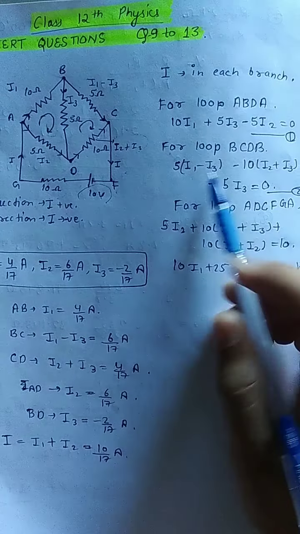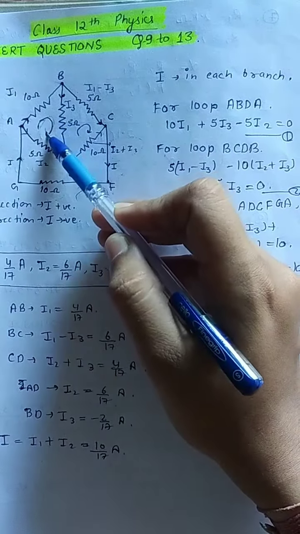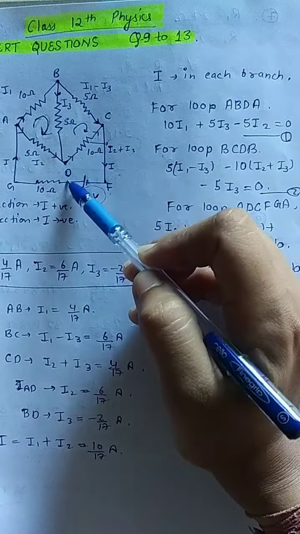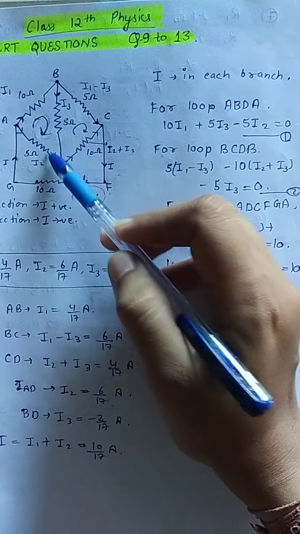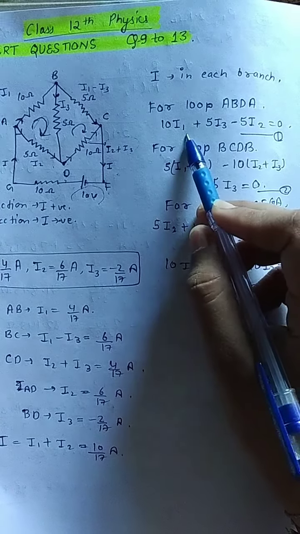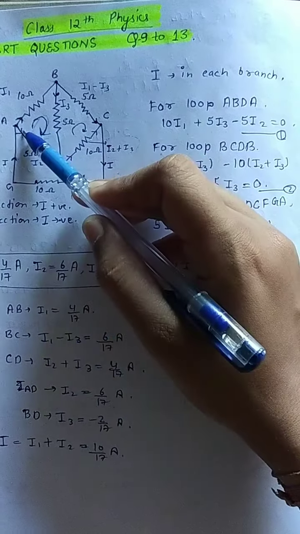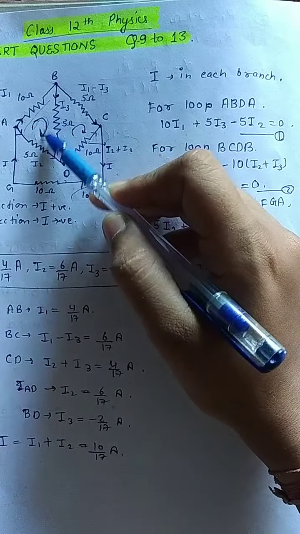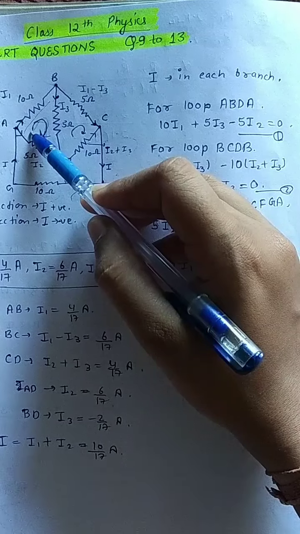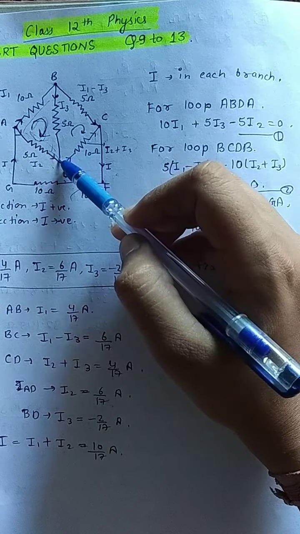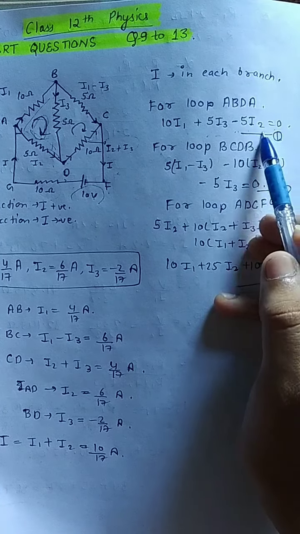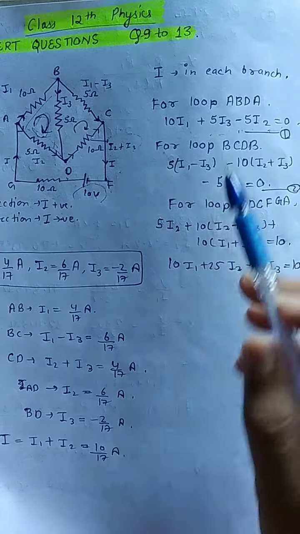For loop ABDA, this is the direction of the loop, and this is the direction of the current from AB to BD, but it is in the opposite direction in the branch AD. So we take 10 I1 plus 5 I3, because they are in the same direction as the loop, but this one is in the opposite direction. The loop is going in this direction and the current is coming in this direction. So minus 5 I2 equal to 0 by applying Kirchhoff's law.